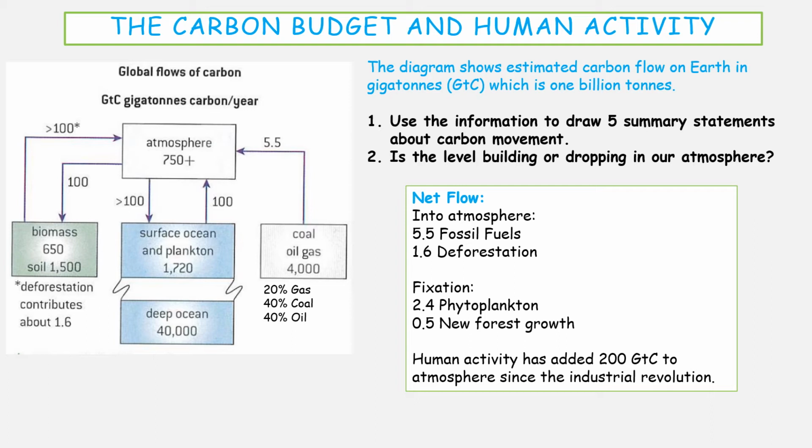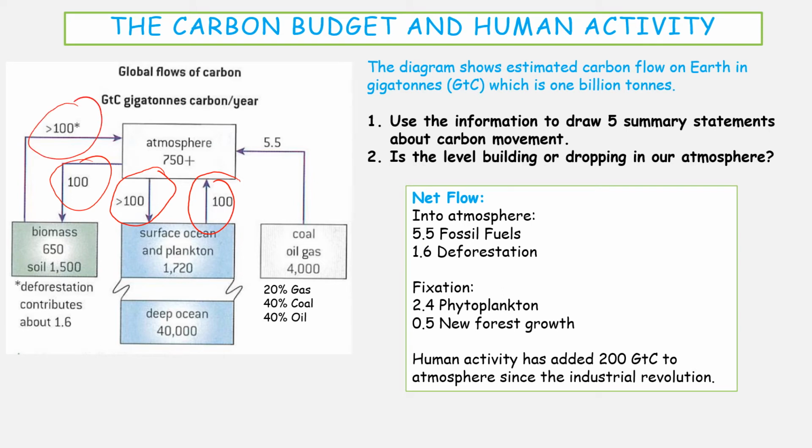The diagram here puts some numbers onto the carbon budget, and it shows quite nicely the impacts of human activity. You can see that surface phytoplankton absorbs about 100 of carbon dioxide and releases about 100, slightly more absorbed than released. And biomass on the land absorbs 100 and releases slightly more than 100.